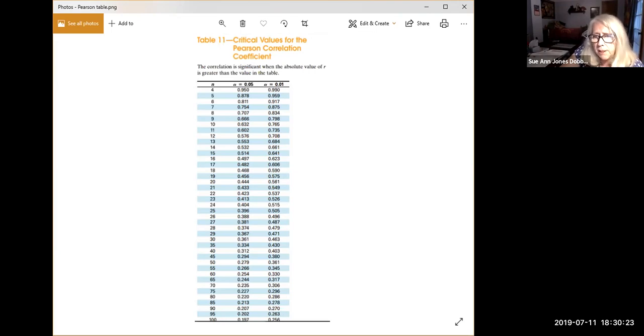So typically you use this column that is alpha equals 0.05, and you compare the Pearson value for the specific number of points in your graph with the calculated linear coefficient, its absolute value. And I'm going to show you how to do that.